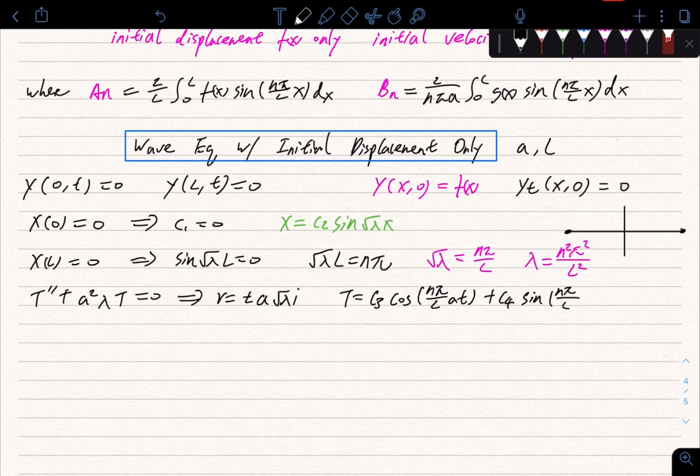You know what? Let's just switch back to lambda. Okay, so this is our t expression, but we're not done yet because we have this boundary condition that we haven't used.